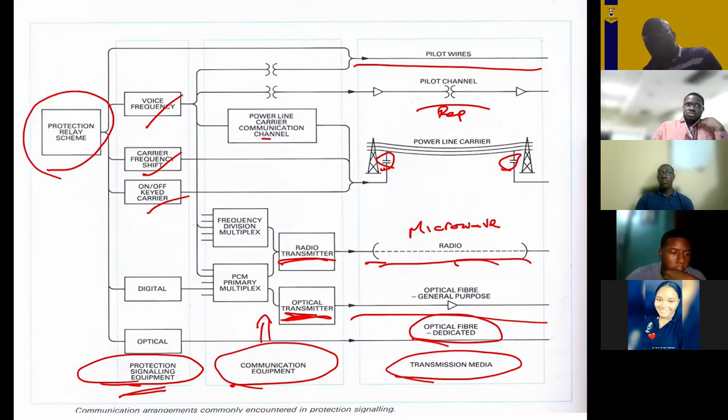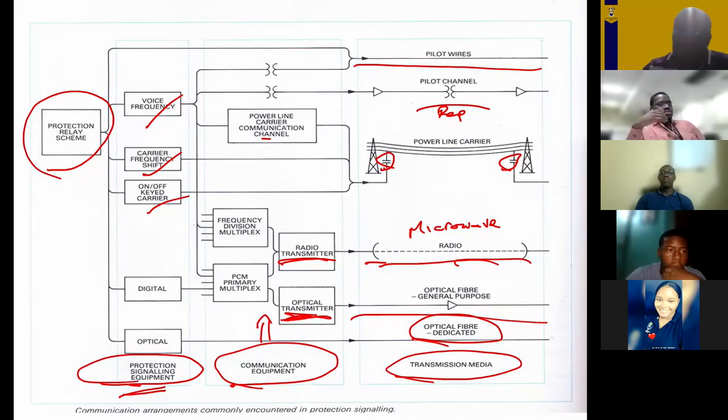All right? And of course, you would appreciate that all of this is very time sensitive. The times that we're talking about, remember, we're talking about a couple 100 milliseconds. So it means that we're talking about very short communication.